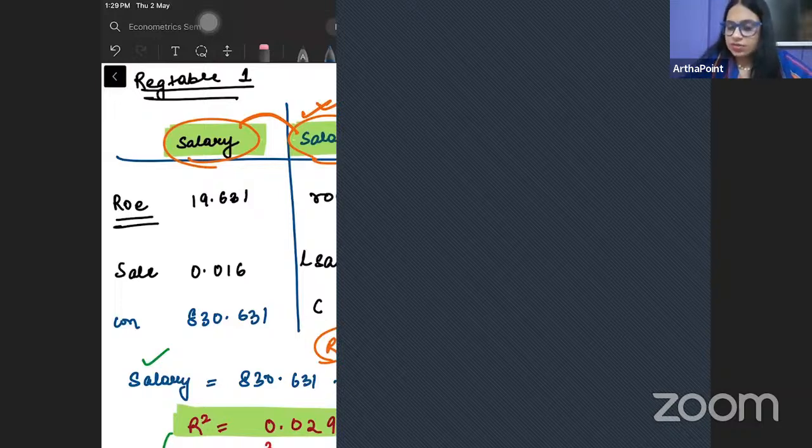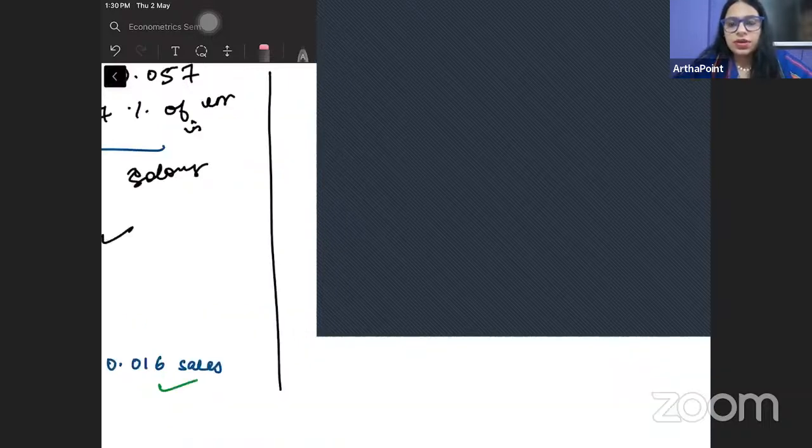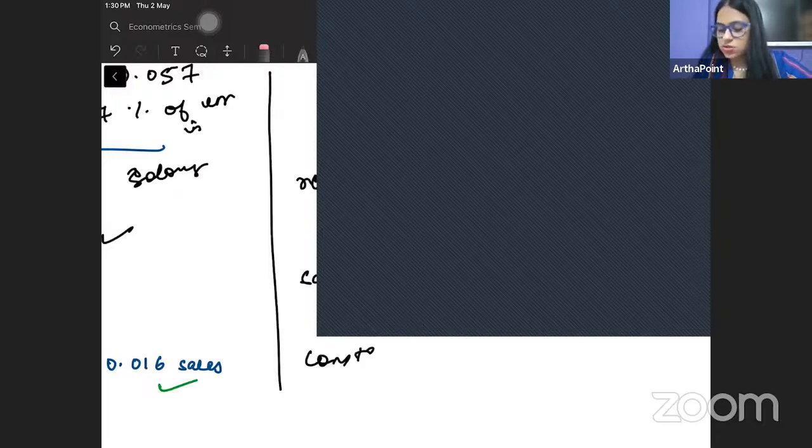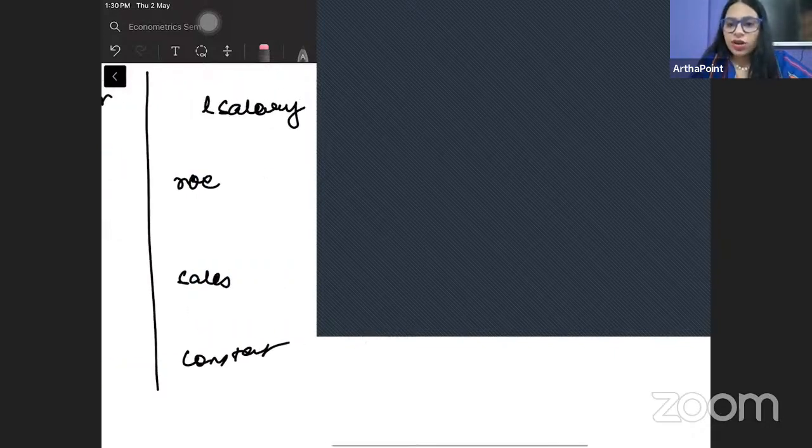in your reg table 3 actually, your model that you were talking about, it was actually log salary, right? And then you had ROE, and then you had sales, and then you had constant, right? And your ROE was 0.015, right?